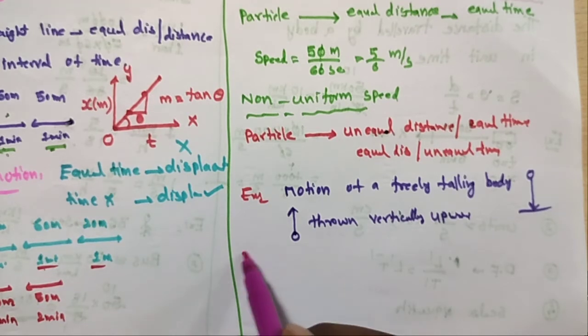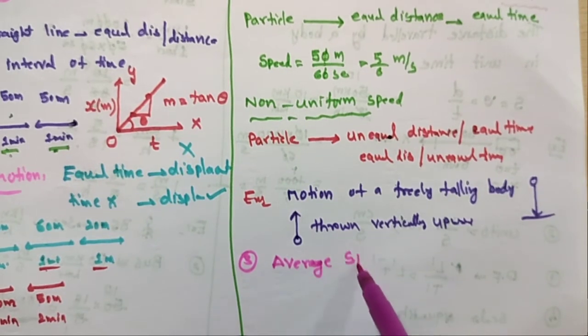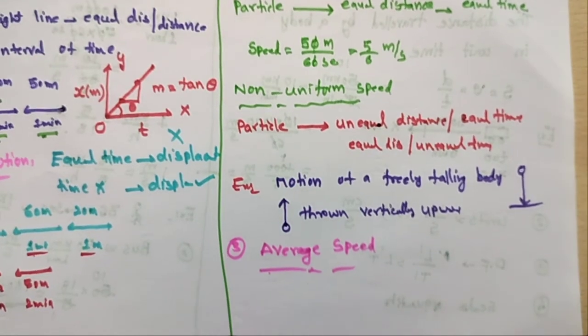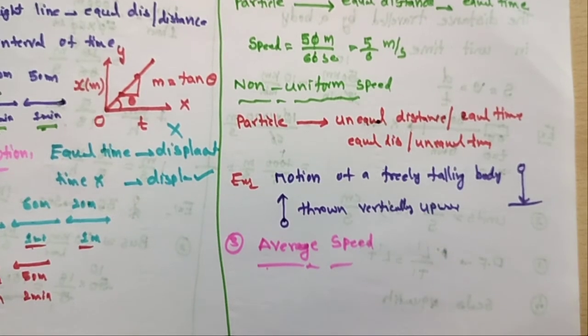And the third one is average speed. The first one was uniform speed and non-uniform speed. Third one, average speed. What is the meaning of average speed?